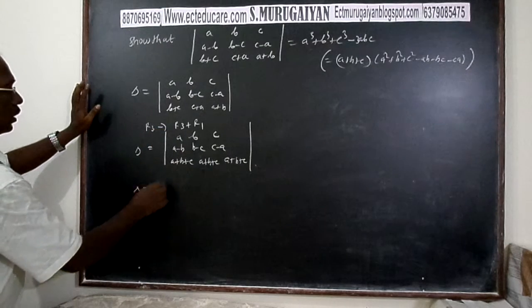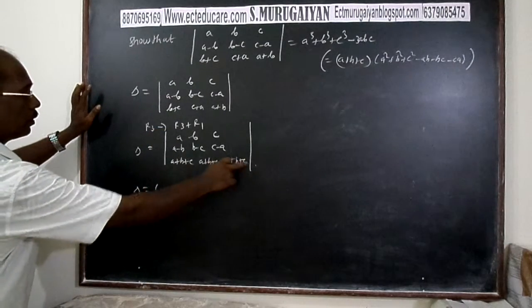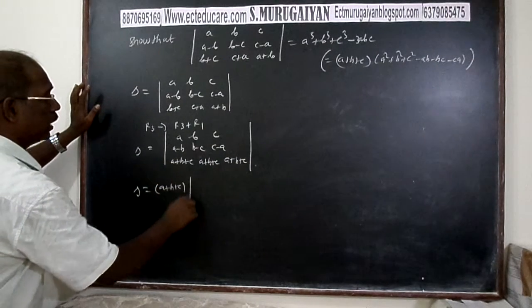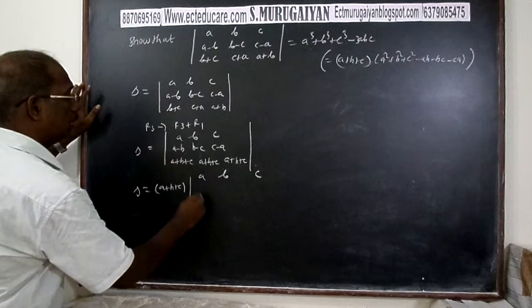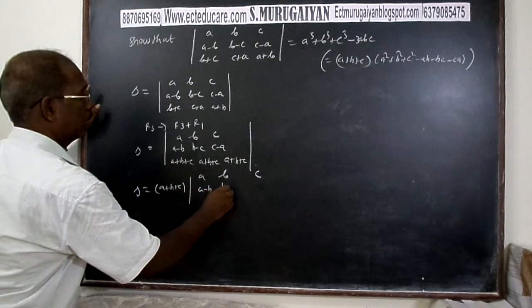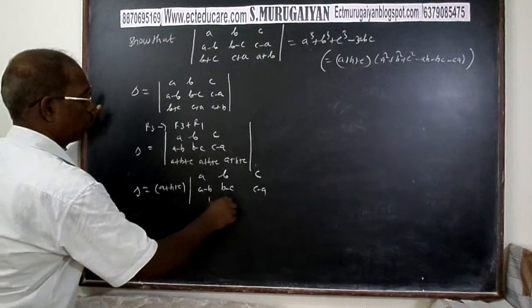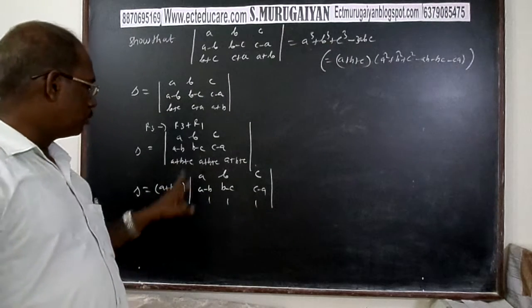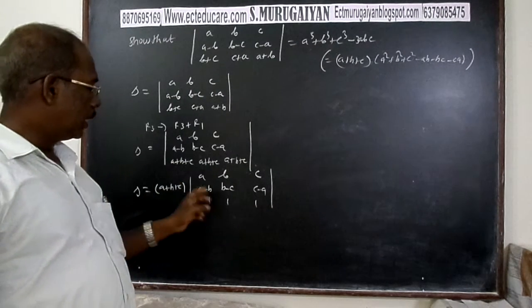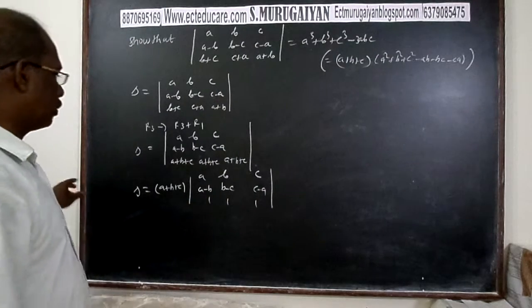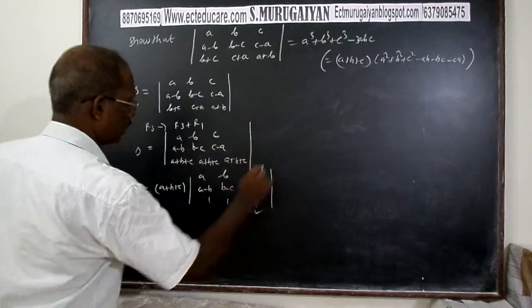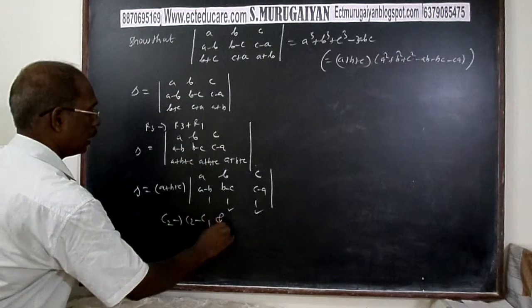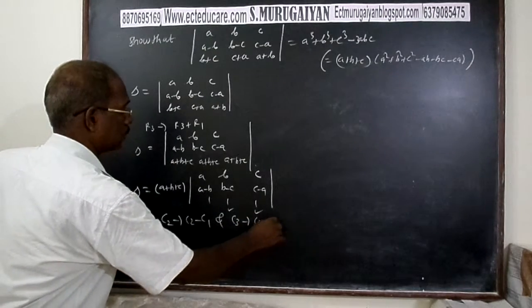So taking out the common factor from the determinant, particularly the third row, a plus b plus c times a, b, c; a minus b, b minus c, c minus a; 1, 1, 1. So whenever we come across a unit row or unit column, we have to convert any two unit terms into 0. We can try to convert these two ones into 0, with the formula C2 is C2 minus C1 and C3 is C3 minus C1.